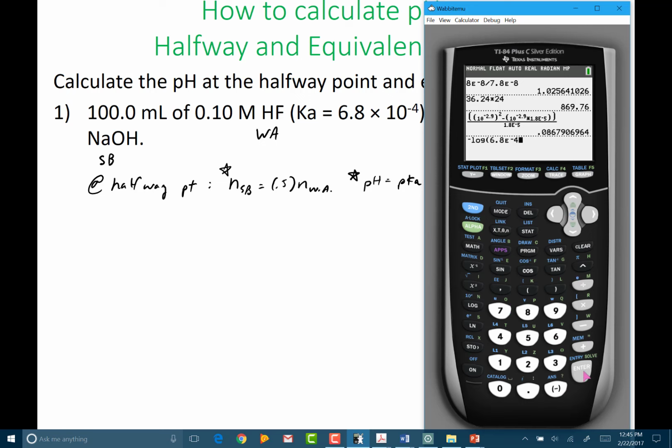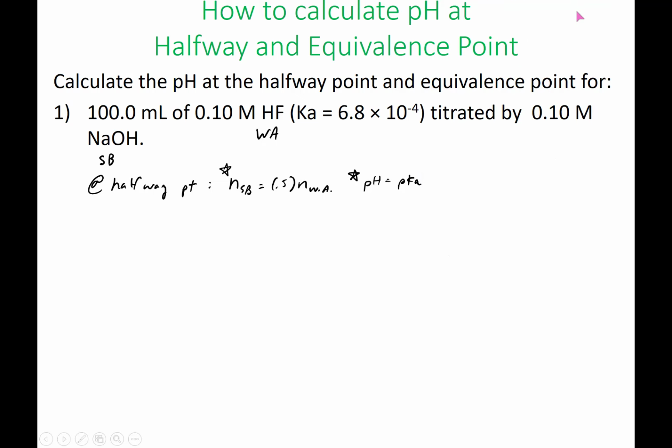Let's see if I can type it in right. Okay, so I get 3.17. I have 2 significant figures, so I should have 2 decimal places. So the pH equals the pKa, which is 3.17 for this problem.